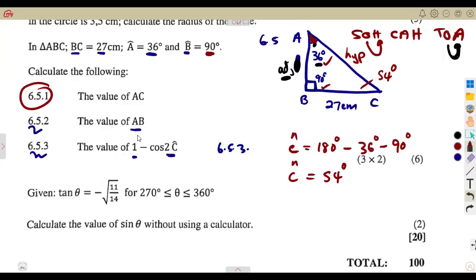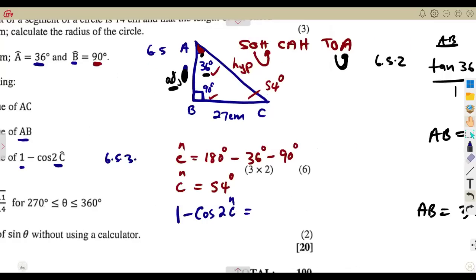So the question is to simplify 1 minus cos 2C. So this is going to give us 1 minus cos 2 times angle C. What is angle C? Angle C is 54 degrees.